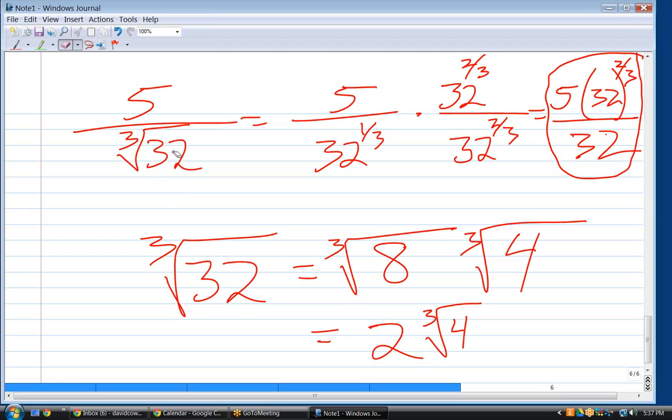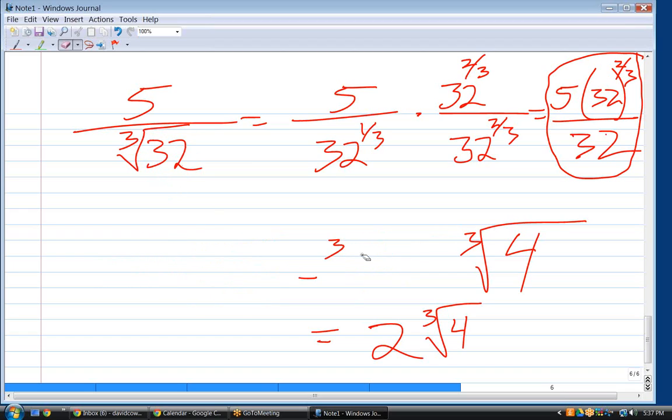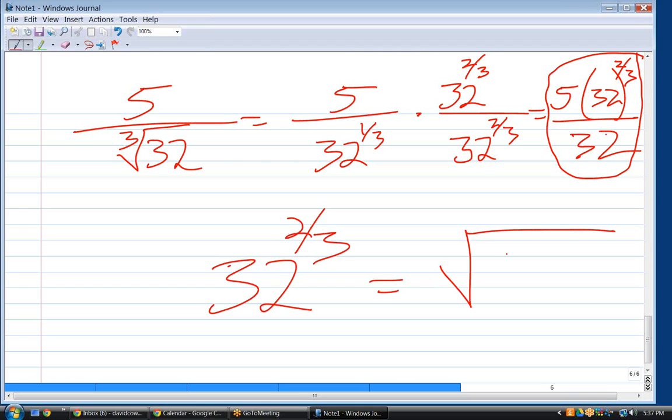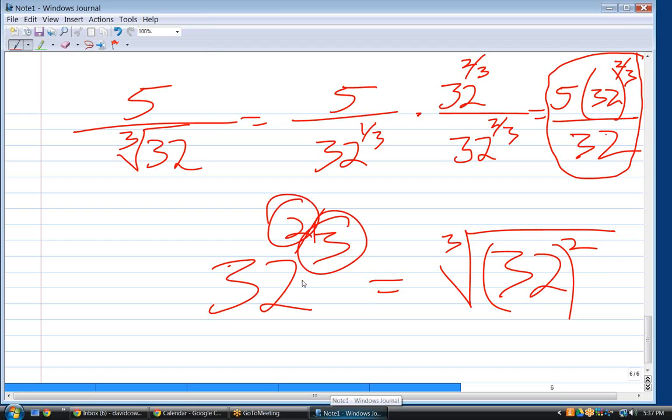I said there were two different ways we could do that, and I did it this way just to illustrate a point. However, it's worth knowing what this means. What does this mean? It means the cube root of 32 squared. In other words, when you have a fractional exponent, this is the root, that's the exponent.